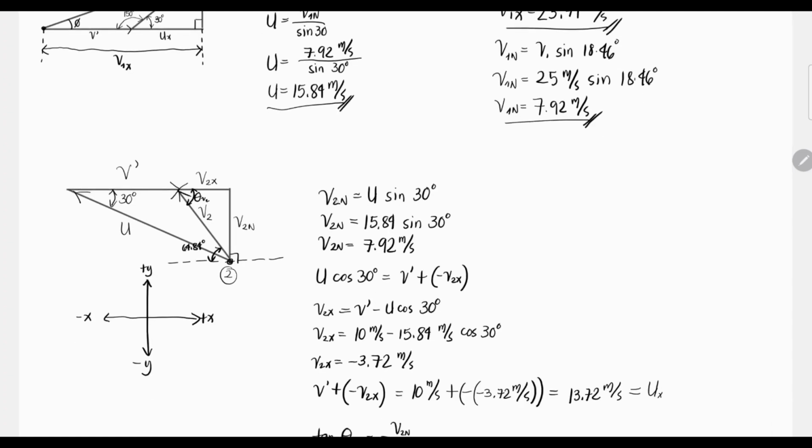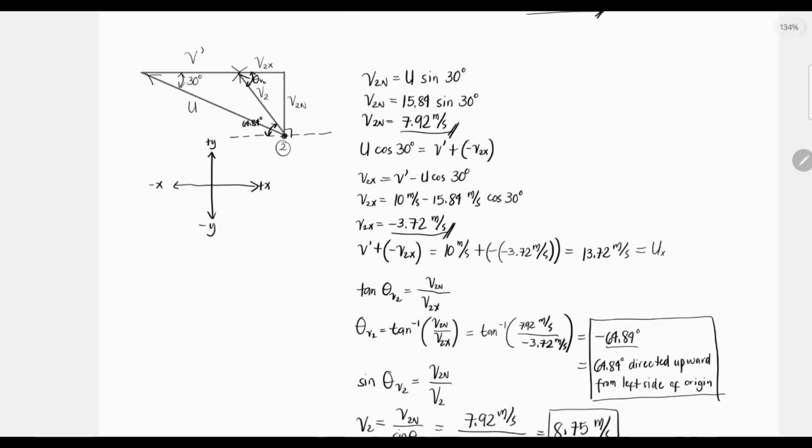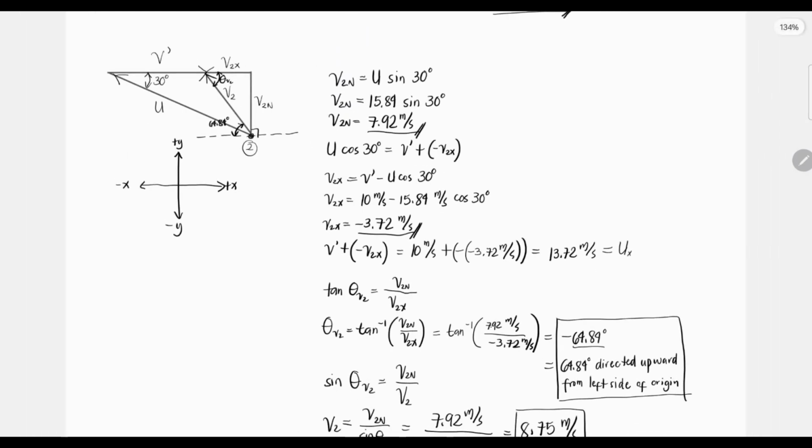So, using that knowledge, we computed for the V2n, which is 7.92 meter per second squared din, kagaya ng V1n. Then, we computed for the V2x. So, bakit negative? Kasi ang V2x natin is towards the left. So, towards the left, siya ay negative. So, nung pinag-add natin, ang x component ng ating relative velocity ay 13.72.